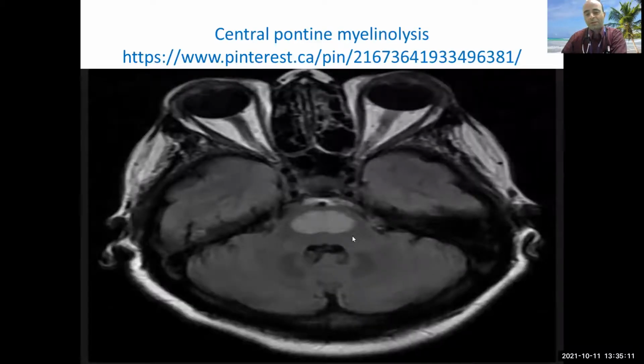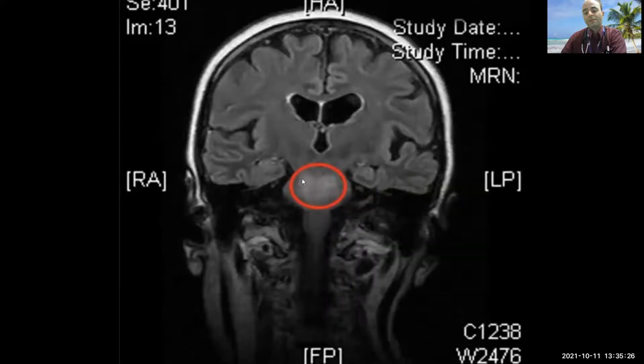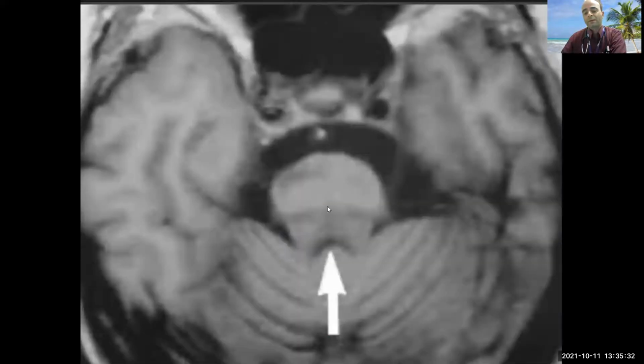And here are some pictures of how to see central pontine myelinosis. You should ask for an MRI brain, and you will see the pons here with myelinosis happening on the central pons, and also the same here. This is osmotic demyelination syndrome, central pontine myelinosis, and this other one.